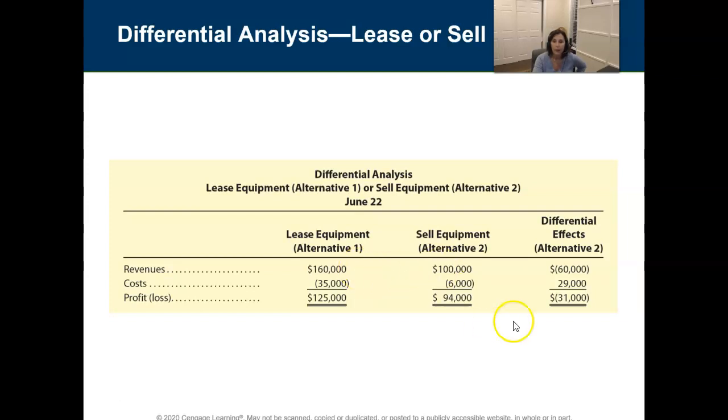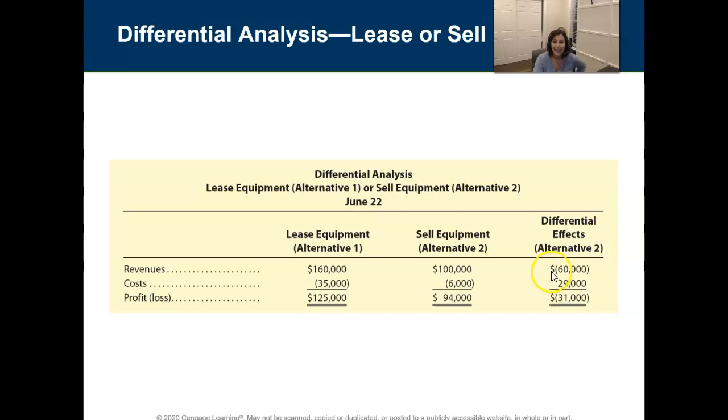And so we can see that right off the bat, we're going to lose $60,000. We're going to have $60,000 less in revenue by selling it than if we were to lease it out. On the other hand, what it will cost us to lease out is more than what the costs associated with selling it will be.